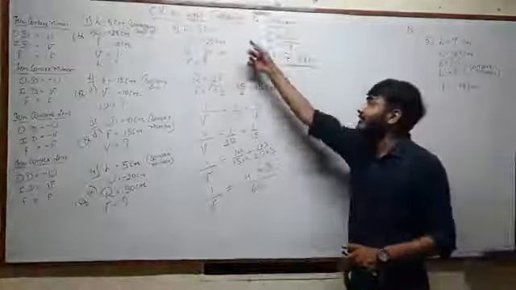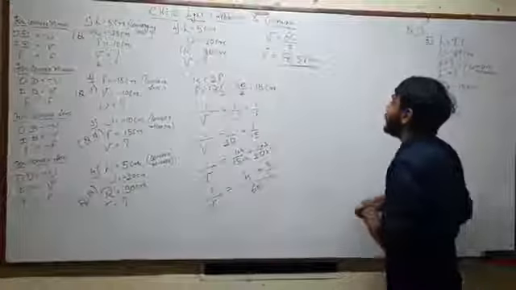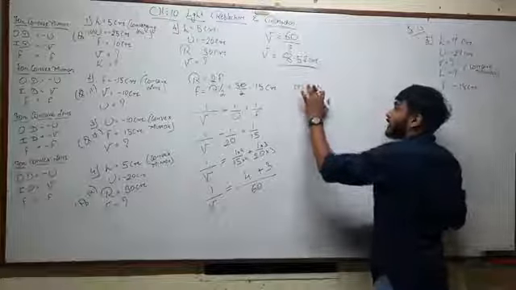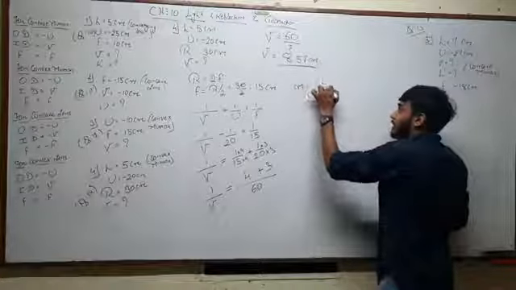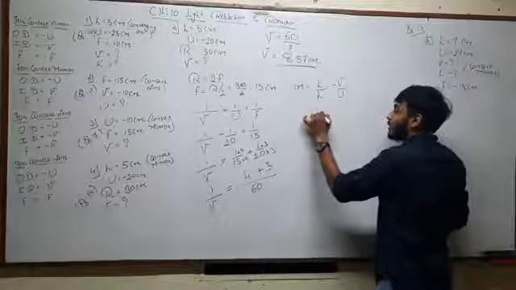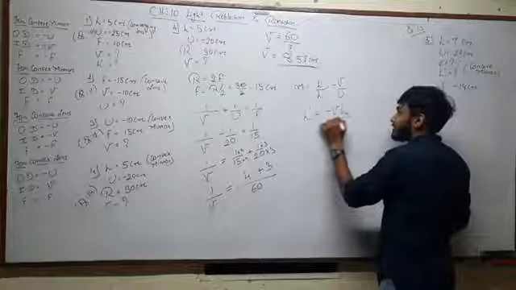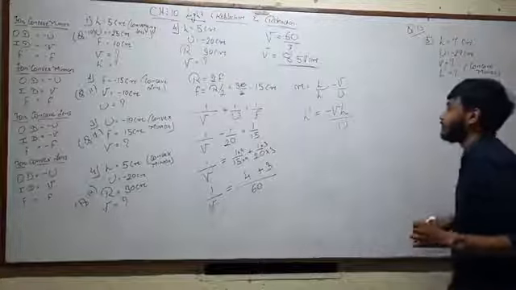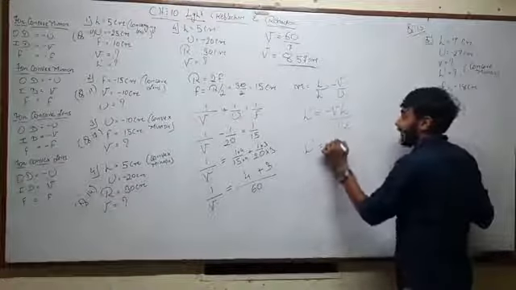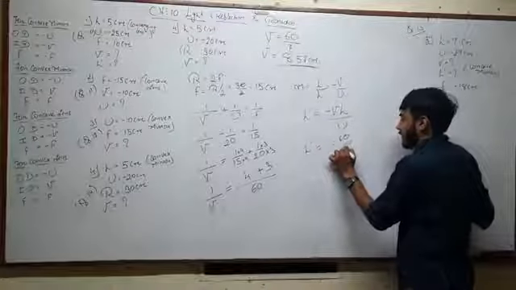Now they have also given us the height. That means we need to find the magnification. What was the formula for magnification? It was h prime upon h is equal to minus v upon u. So you can also write h prime is equal to minus vh upon u. Substitute the values. What is minus v? Write that as minus 60 upon 7.